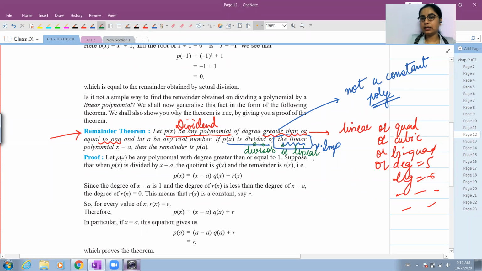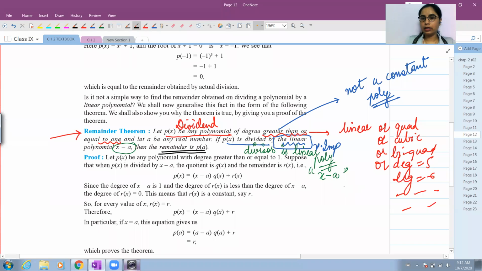The divisor is a linear polynomial, and the linear polynomial is given as x minus a. The remainder can be obtained by using this result here, which says the remainder is P of a.